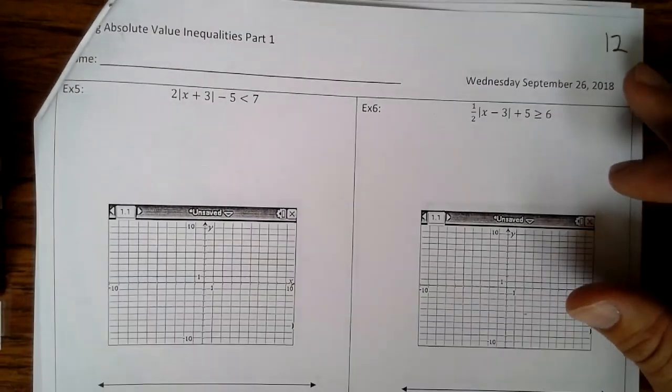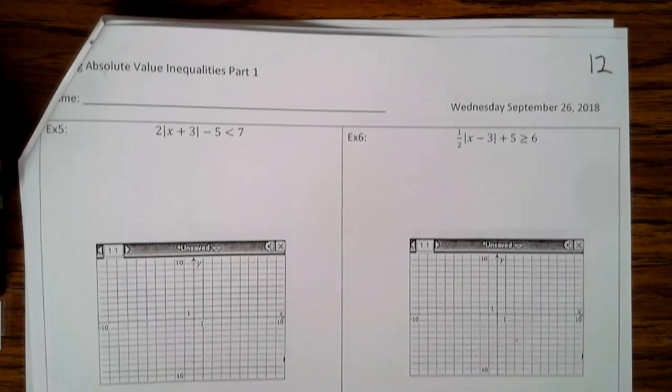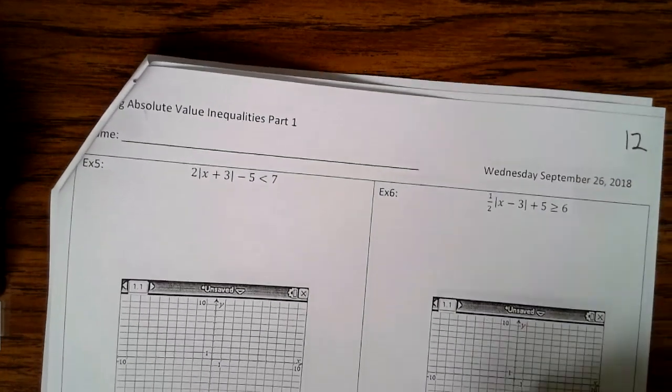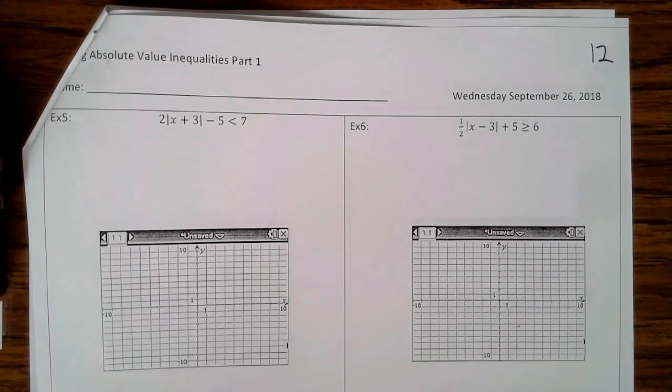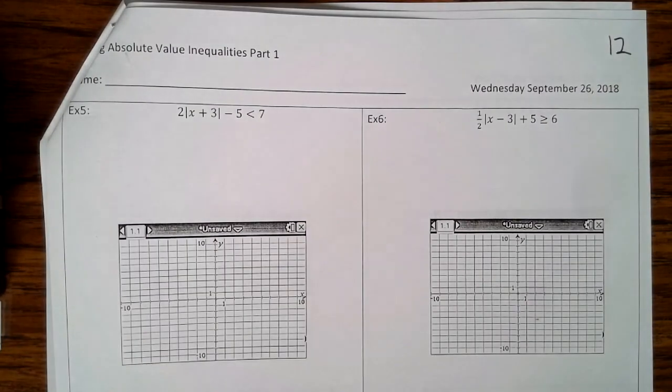All right, so take that back. This video is going to take most of the class, okay? So we're going to continue on, and you should be able to finish this video before class is over. And then once we're done with these examples, I'll explain what we're going to do with the last page, okay?